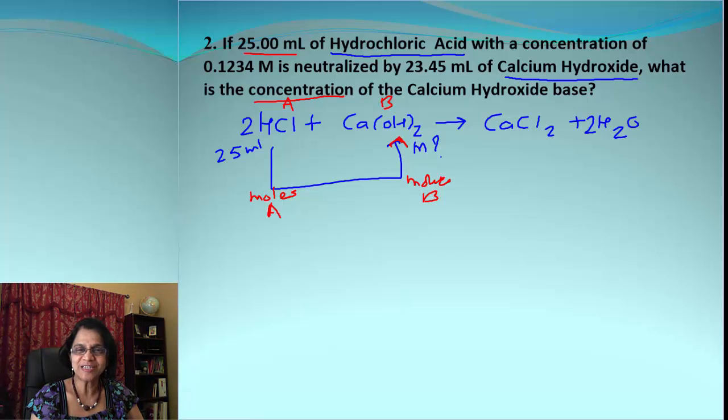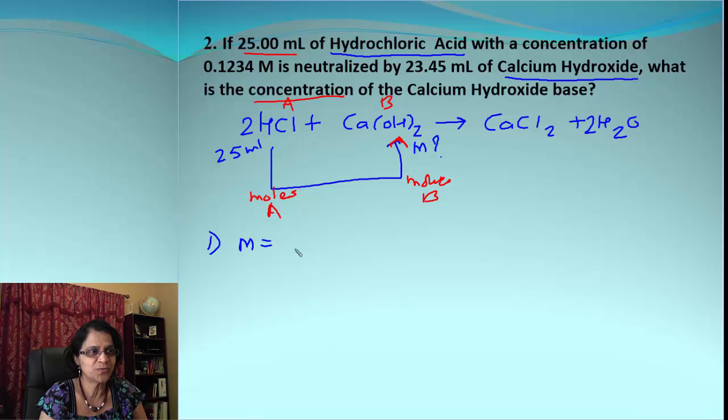Okay, let's solve this problem in 3 steps. The first step is going to be using molarity and converting that volume given to the moles. So the formula I'm going to use is molarity is equal to number of moles divided by volume in liters. The molarity is given to us for HCl, which is 0.1234.